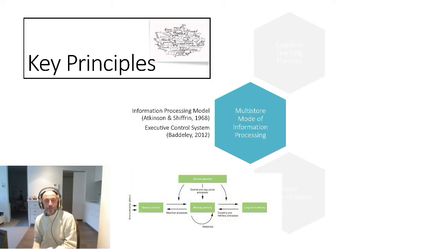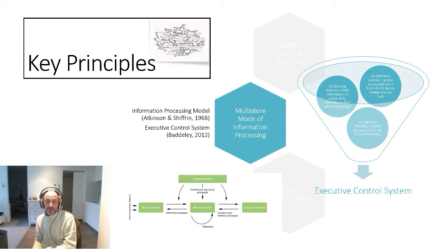The second concept that developed from that is really the concept of the central executive, or the executive control systems, and really this is looking at 3 key elements. The first is inhibitory control, which is the ability to resist an inclination to do something that you want to do and instead stay on task. The second thing is working memory, again, the ability to hold information while you're working and updating it.